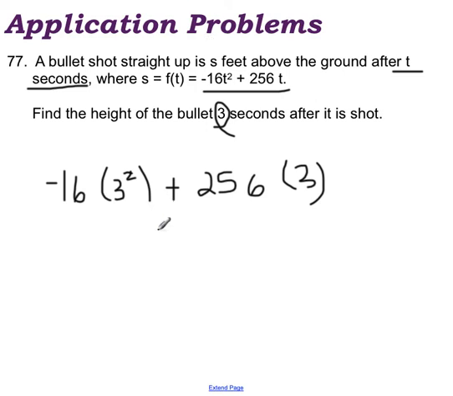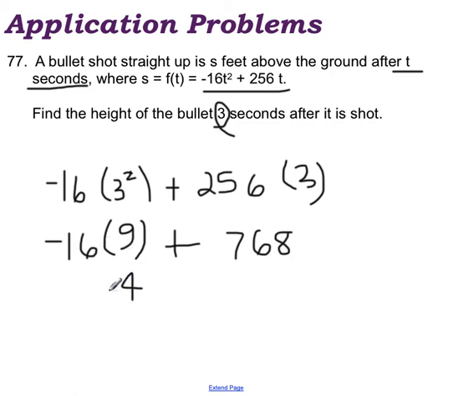Okay, so to simplify this, of course, we're going to make this a 9 times negative 16. And we're going to add 256 times 3, which gives us 768. 16 times 9 is negative 144.